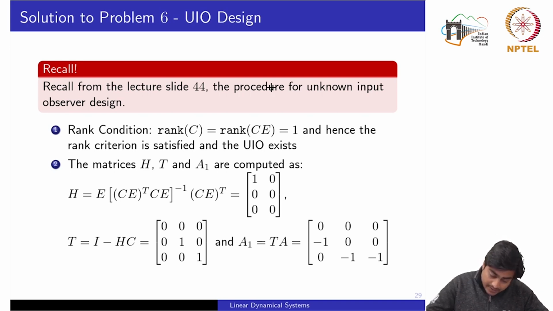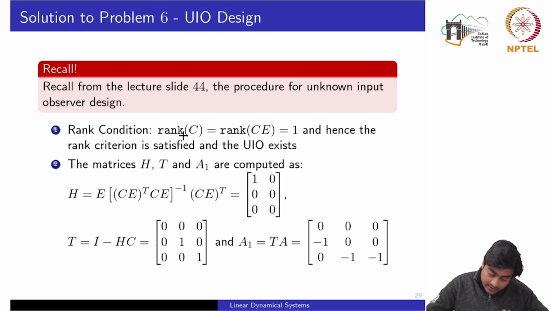The detailed design steps were given on lecture slide number 44. So here we will quickly go through all the steps to compute the relevant matrices, and then finally we will see the simulation results. The first condition was the existence of the UIO, and from there we gave a special solution of this H matrix.